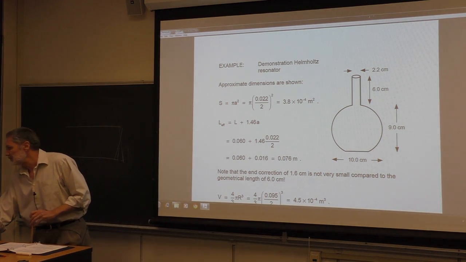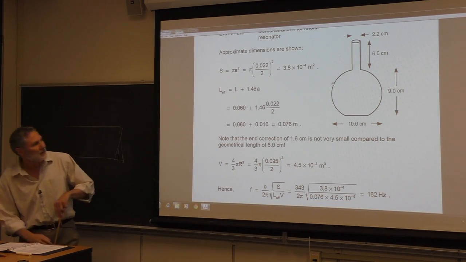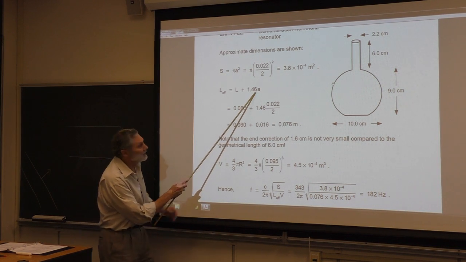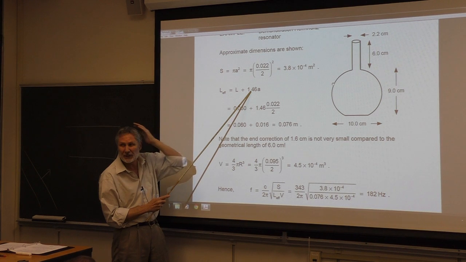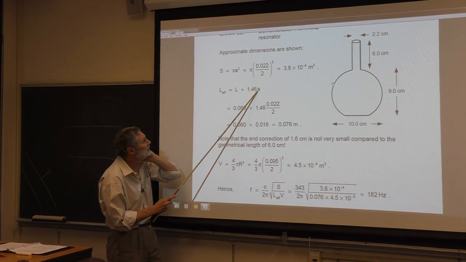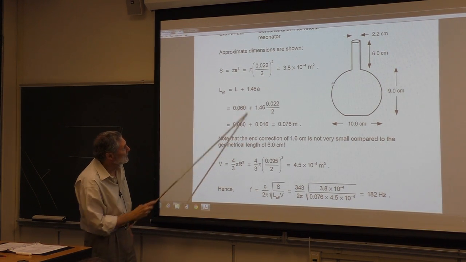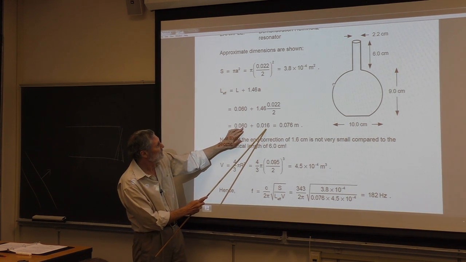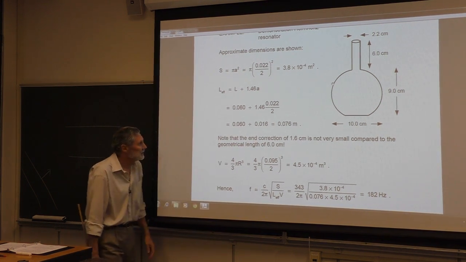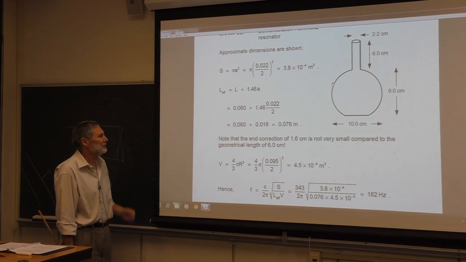But when you take the dimensions and plug them into the formula, with the end corrections, there's the combination of both ends. It's that 1.46 times a. And I wrote all this out so you could see. It's not very small. What's 16 divided by 64? I guess it's 8 divided by 32.